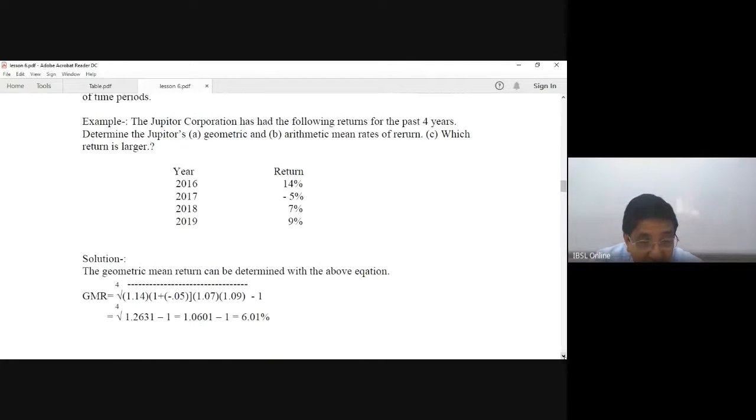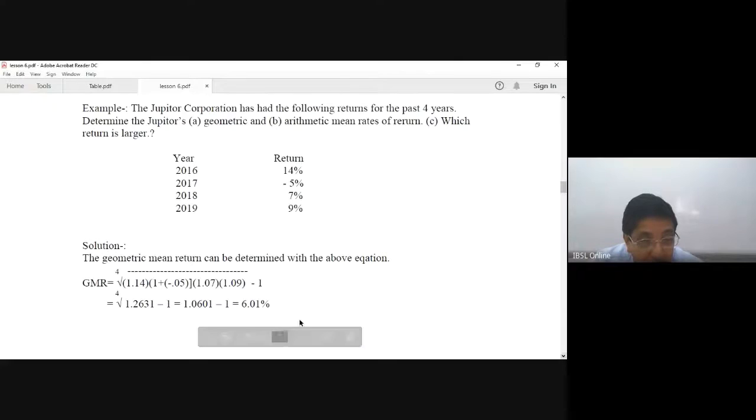This is the solution. Now, what did I do? I start with 14%, that is 0.14. 1 plus 0.14 is 1.14, into 1 minus 0.05, which is 0.95, into 1 plus 0.07, 1.07, into 1 plus 0.09.